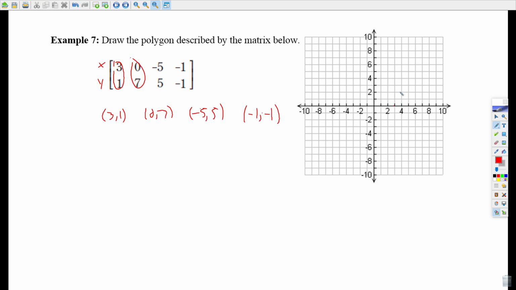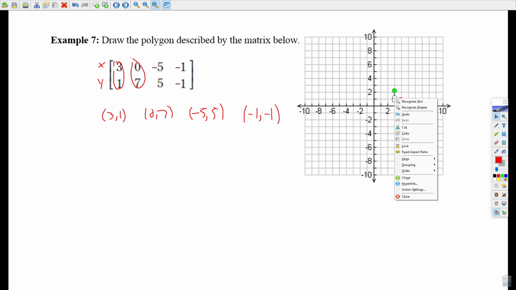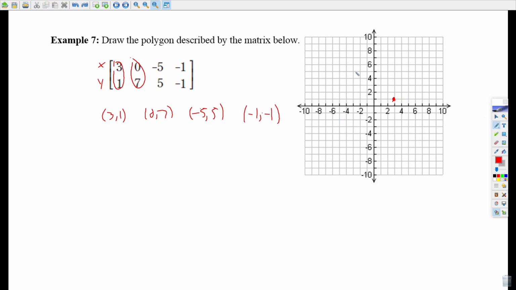We have 3, 1. So that would be here. We have 0, 7, which is up top here. -5 and 5, which would be here. And -1, -1.